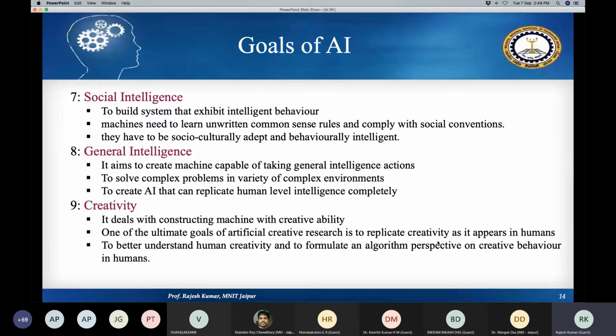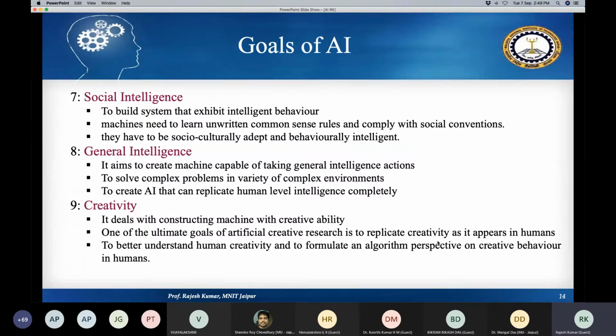These are the things we expect in future. More stress is given to social intelligence, general intelligence, and creativity. We want our machines to be creative in future. It's not like pre-programmed things.